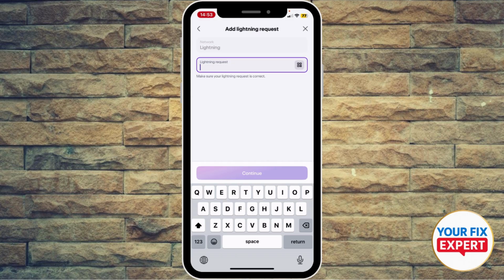If they accept Lightning Network, they will provide an address after you want to deposit some Bitcoin in that wallet, and then copy just the address and paste it here.